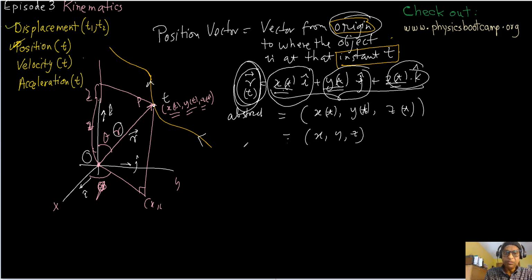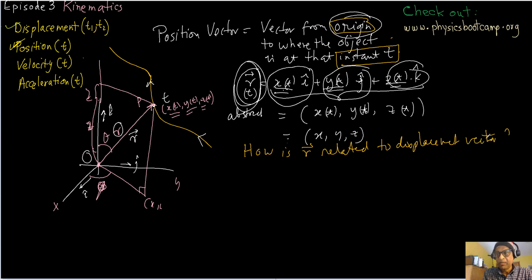Okay, so how is position vector R related to displacement vector? Now this one has two times, t1 and t2, and this one is only time t.